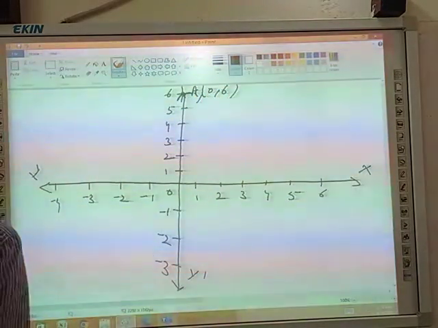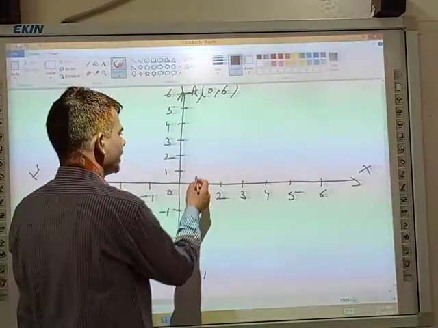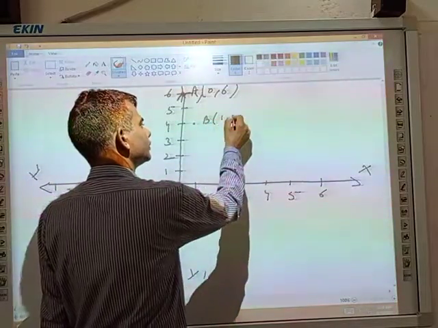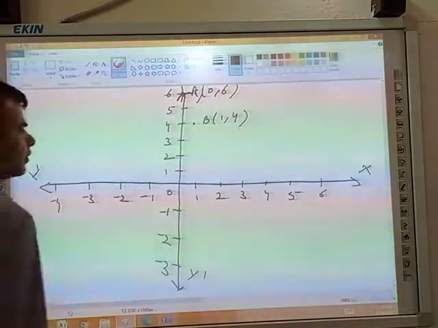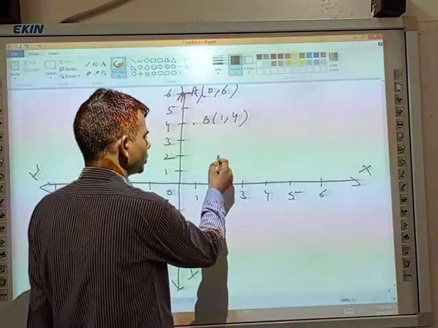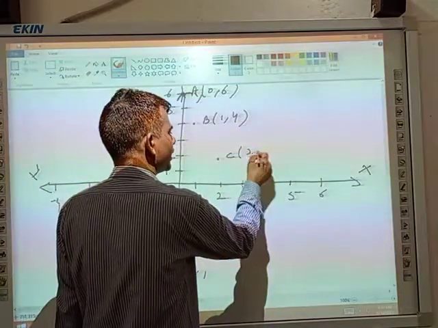Now students, (1, 4) is in the first quadrant, that is your point B. Next is (2, 2), positive coordinates, also in the first quadrant, that is C.